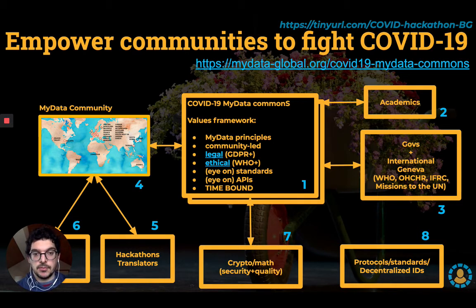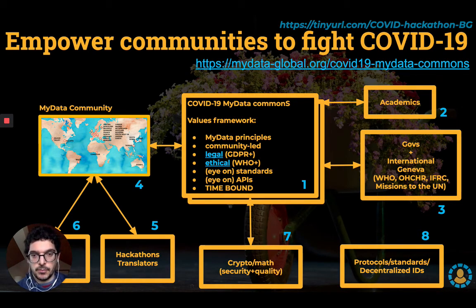The way this might work, and this is a theoretical construction shown here, but on which many people have started to work, is to imagine creating some commons, plural, around personal data, on which a values framework would be embedded. So this values framework would be rooted in something called the My Data principles, which are principles around individual empowerment around personal data, based mostly on consent and a better understanding of how data is used.